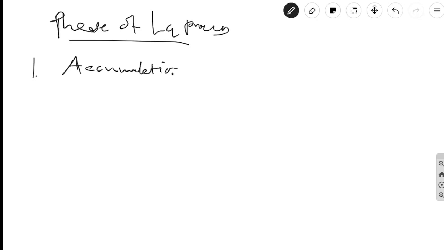Accumulation phase. This is where the market tends to collect or gather both buyers and sellers together. So when you see price creating a consolidation market structure, you have to know this is an accumulation phase. Why?